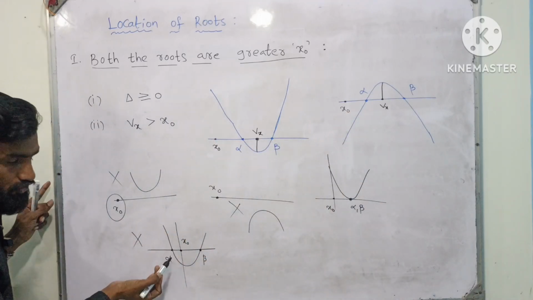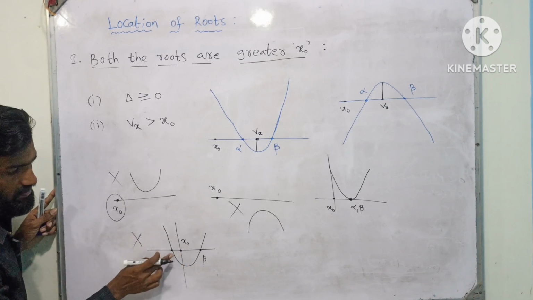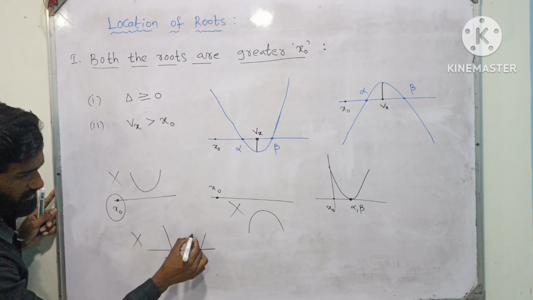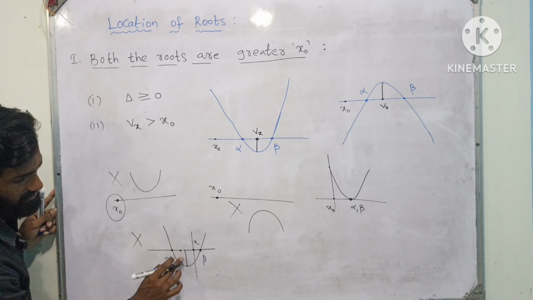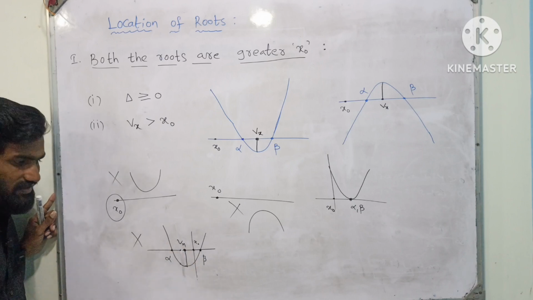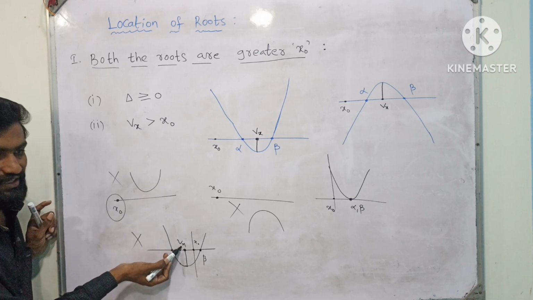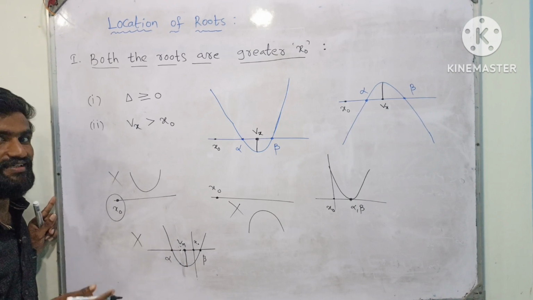Now if you observe this one, I take here, this is x naught and this is Vx. Here x naught is greater than Vx, not Vx greater than x naught.